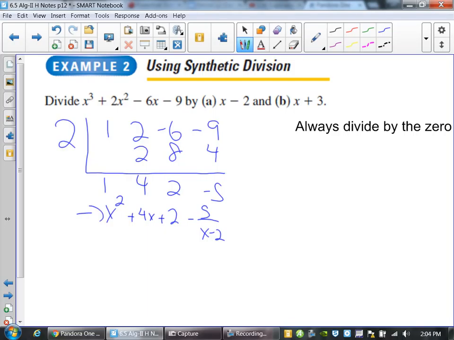Notice how it just drops a degree, and all of these numbers are the coefficients of the new polynomial. What? That's so much easier. It is. But we're dividing by a singular term. The term has to have a degree of 1.